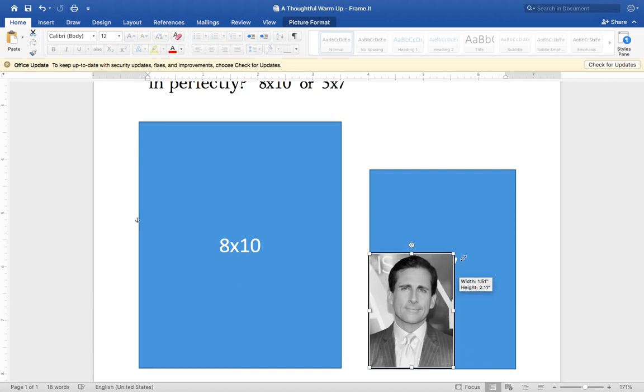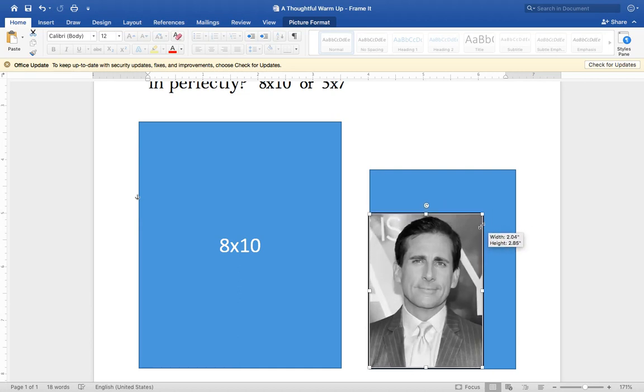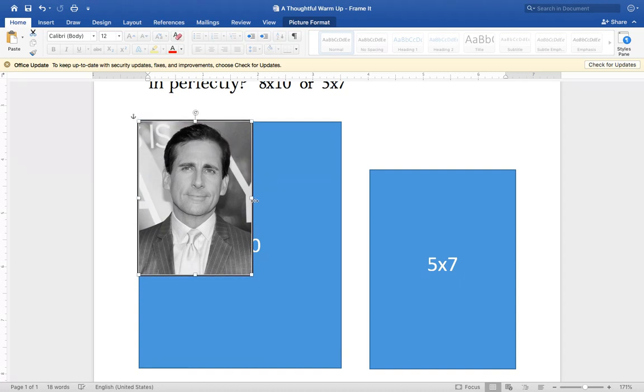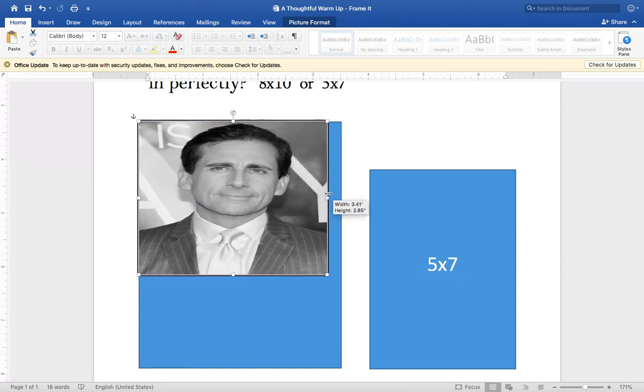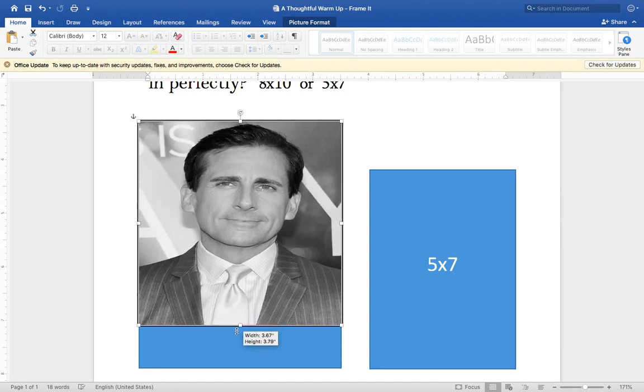Maybe we doubled it, we tripled it. Maybe we increased the size by 4.5. The key was when we increase it by 4.5 or by 5, we increase both horizontal and vertical by the same factor. Okay, over here to fill up this frame, we would have had to maybe triple the width and maybe quadruple the height of the picture.